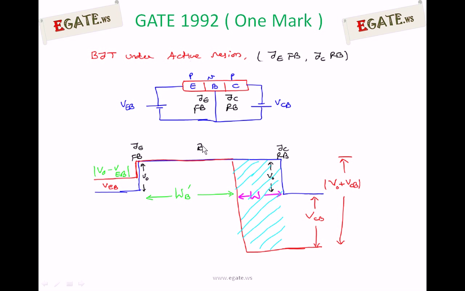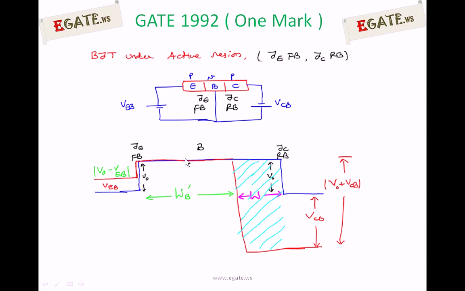But base is lightly doped, so the width of the potential barrier penetrates more into the base side. This shaded portion is nothing but the width of the potential barrier, which is indicated with W. And we know that the depletion region consists of immobile ions, it doesn't contain any mobile charge carriers.